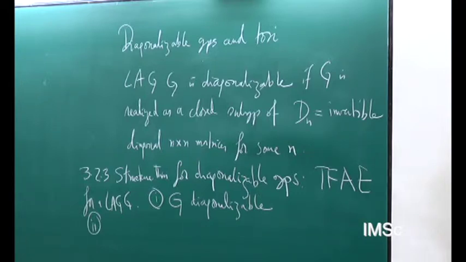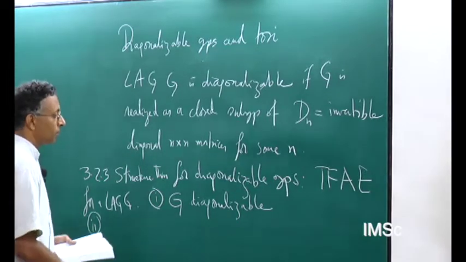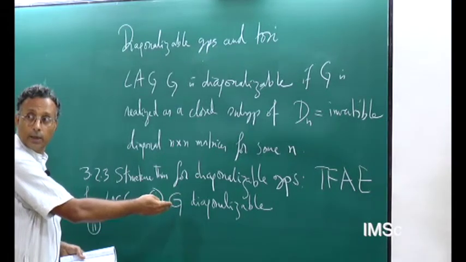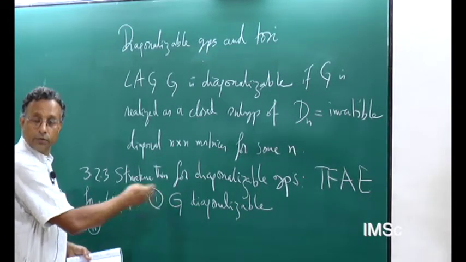You can multiply two characters pointwise and you get another character. Now, this group is written additively, because it's an abelian group, it's convenient to write it additively. Now, the set of characters must form a basis for the ring of functions of G.